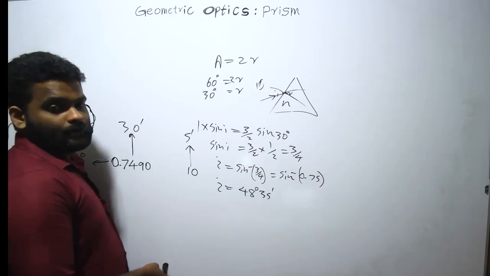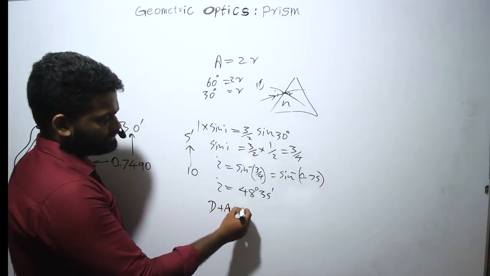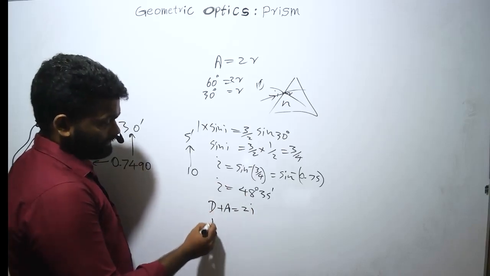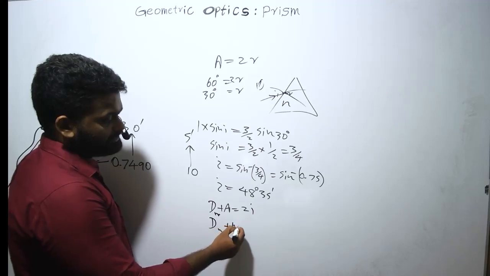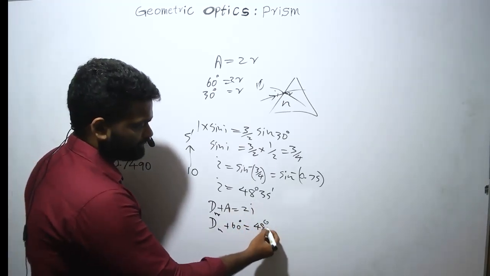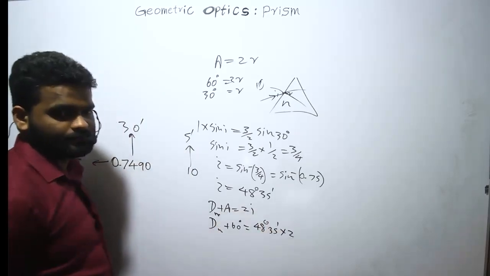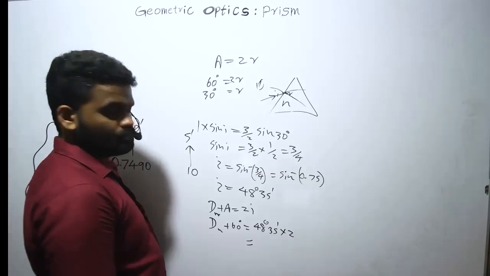Then the third equation, we know that D plus A is equal to what? I plus I, that is 2I. We need D mean actually. This is 60 degrees. I is 48 degrees 35 minutes, times 2. Multiply by 2.